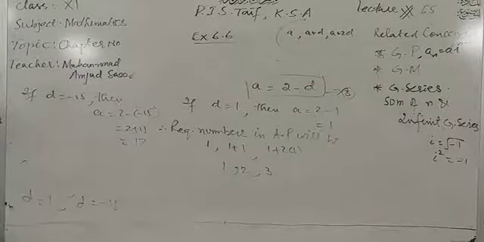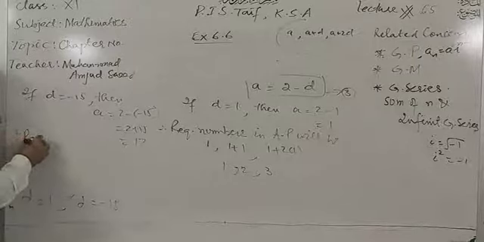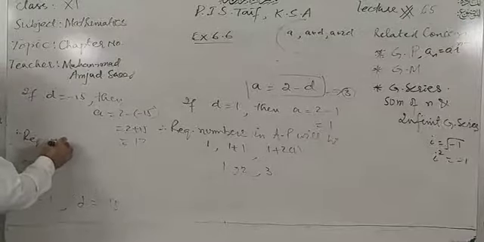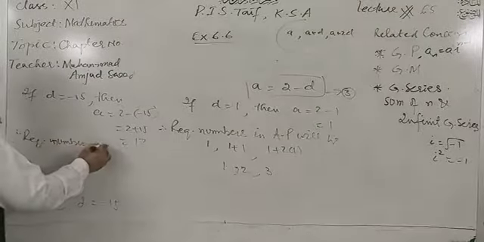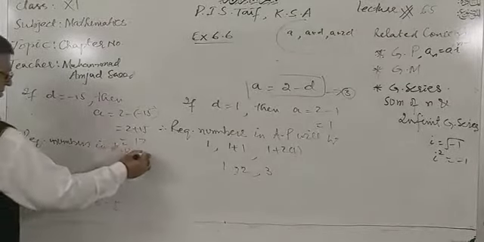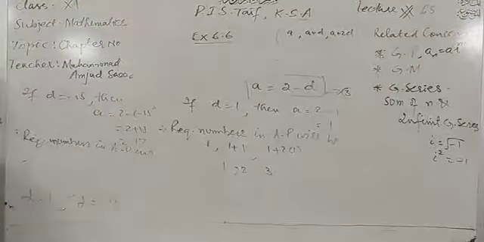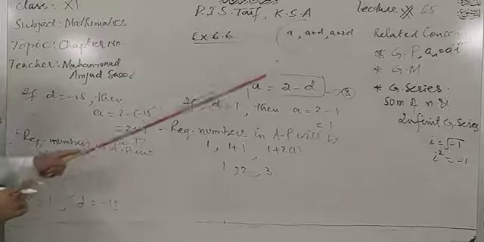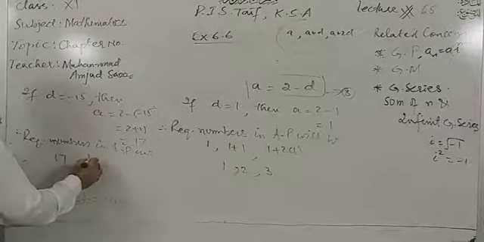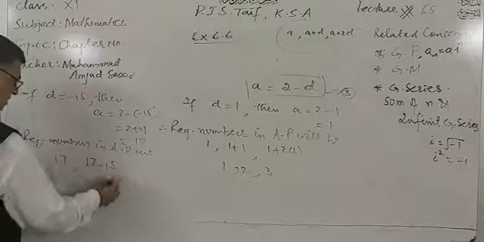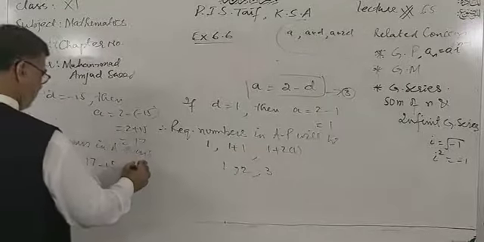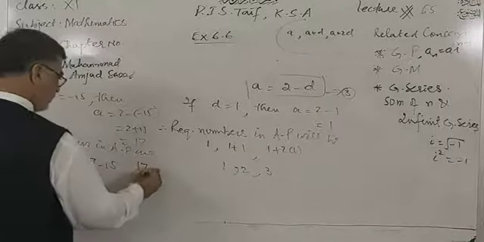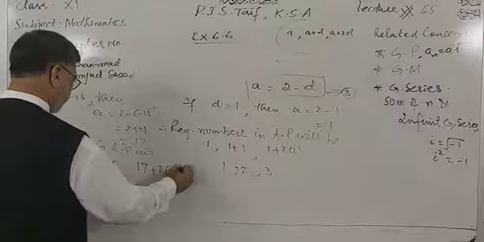Dear students, now we will have, therefore, the required numbers in AP. What about A? A is 17, then A plus D, 17 minus 15, then A plus 2D, 17 plus 2 into minus 15.